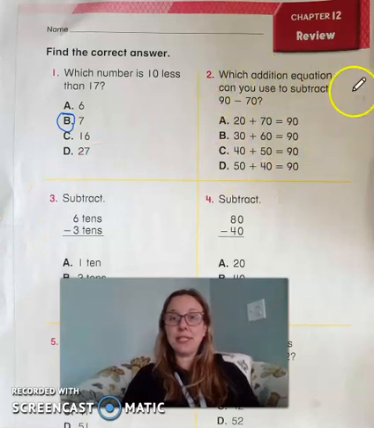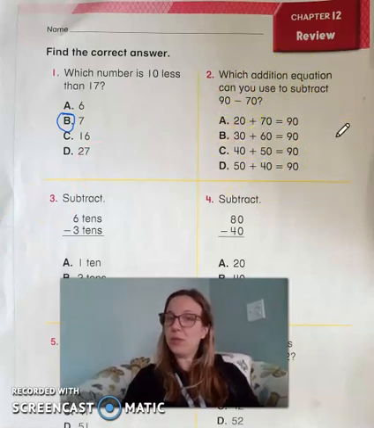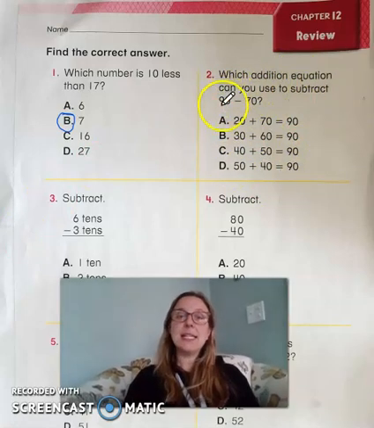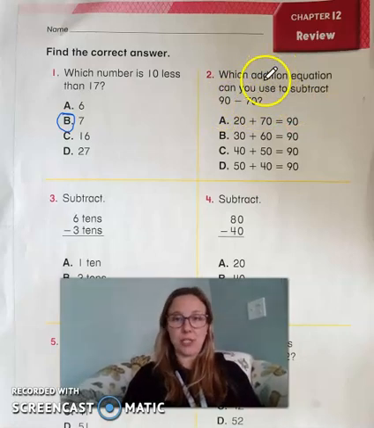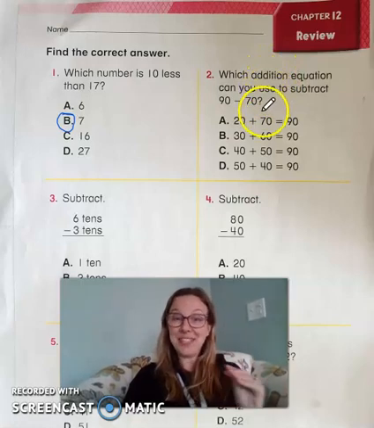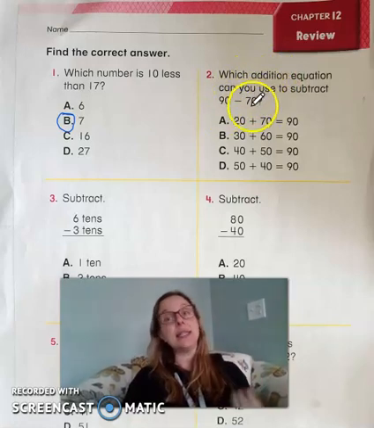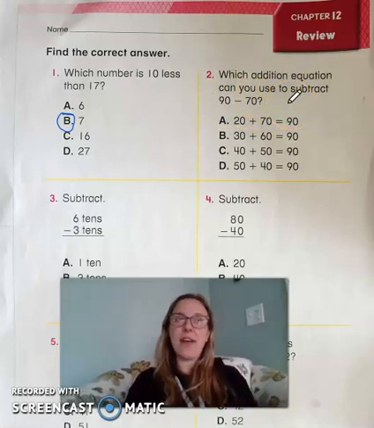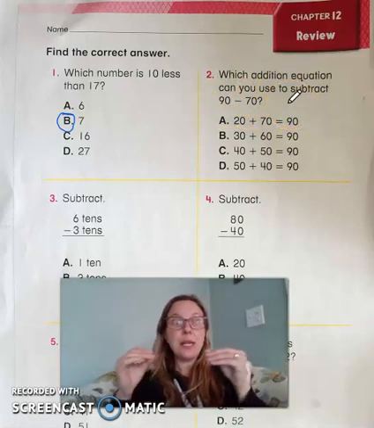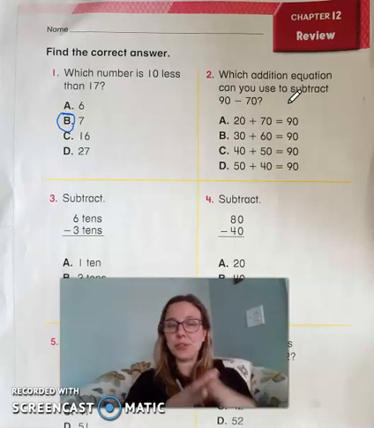Looking at number 2, it says, which equation can you use to subtract 90 minus 70? Now, if we're using an addition equation to subtract, it will have to have a 90 and a 70, and then whatever the difference is. Remember, with fact families, it's the same 3 numbers, just in different orders.